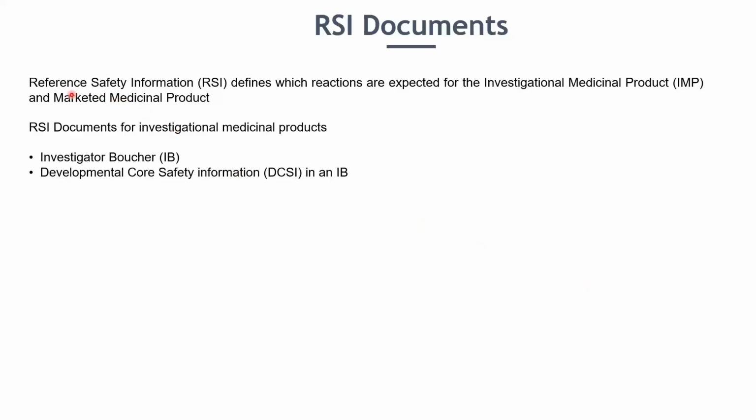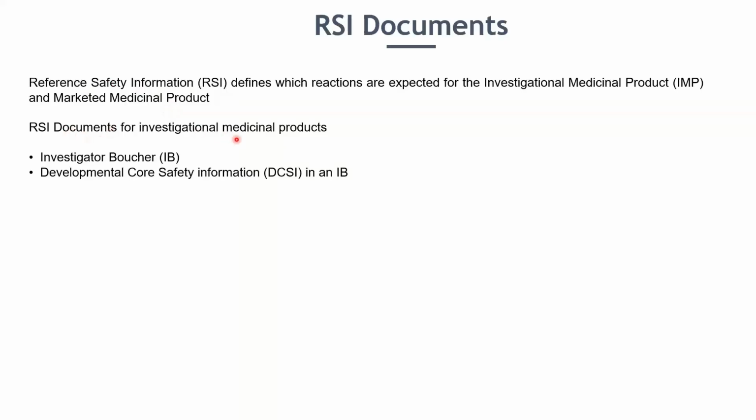And the next one is RSI, that is Reference Safety Information, which defines which reactions are expected for the investigational medicinal product, the IMP, and marketed medicinal products. So these RSIs are documents.